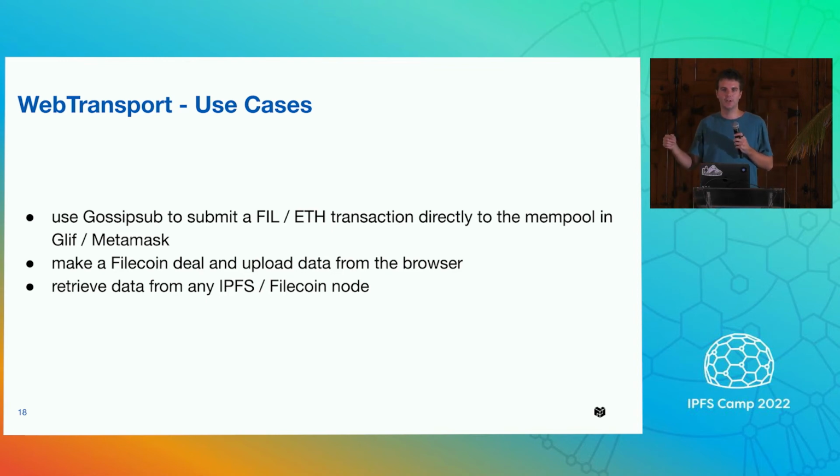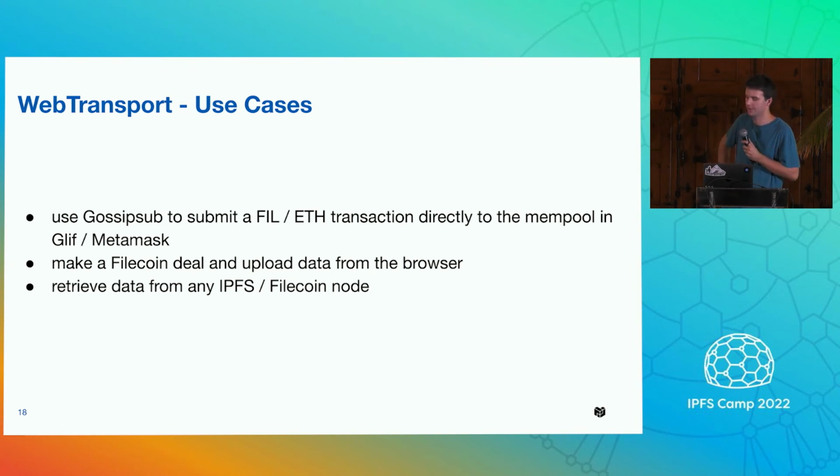Now that we can connect any browser node to any go-libp2p node, we could do that ourselves. We could just have a WebTransport connection to some storage providers or some other nodes in the Filecoin network and use a JS GossipSub to put the message into the mempool directly.